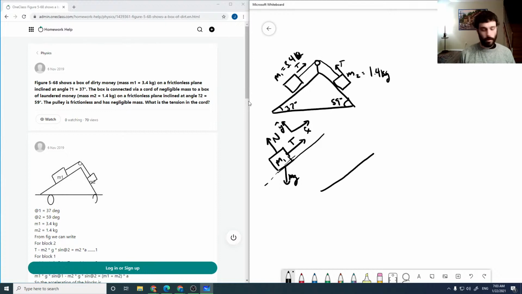So just drawing this out again, this triangle here. So we've got a 37-degree triangle, and our mg is going to act straight down.